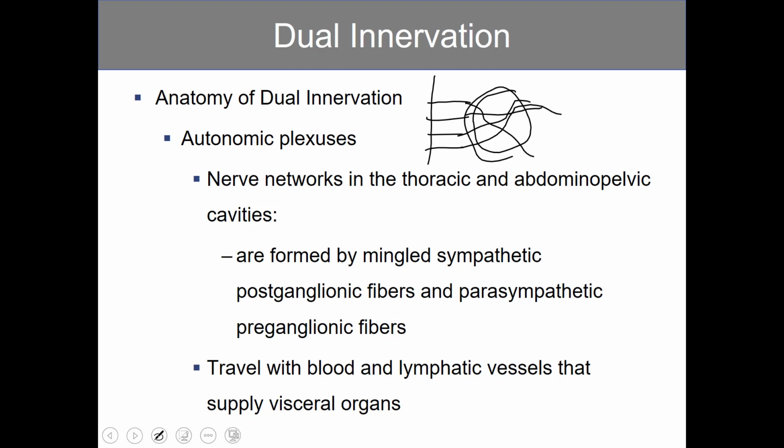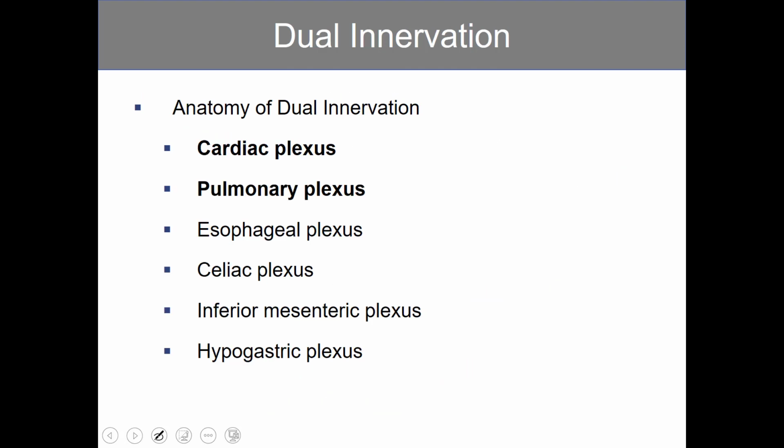We have autonomic plexuses within the thoracic and abdominopelvic cavities, and they're formed when you have that interwovenness of the sympathetic postganglionic fibers and the parasympathetic preganglionic fibers. And they're going to travel with the blood and lymphatic vessels that supply the visceral organs. The two plexuses that we'll discuss are the cardiac and the pulmonary, but do know that there are others.